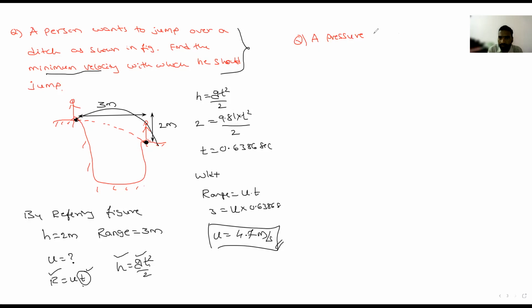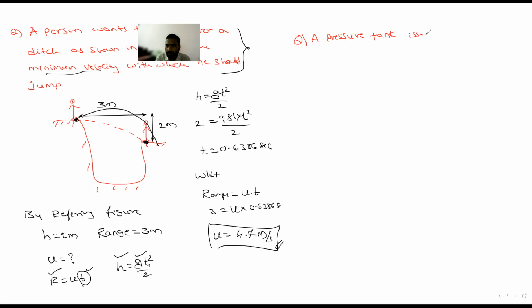A pressure tank issues water at a horizontal velocity u, as shown in the figure.